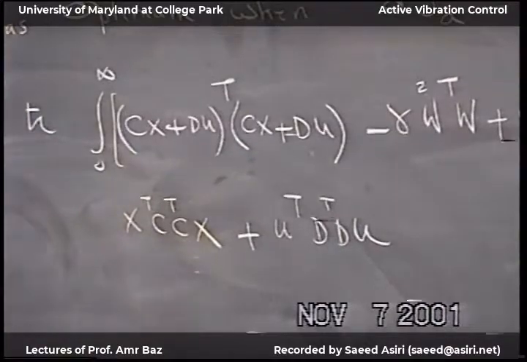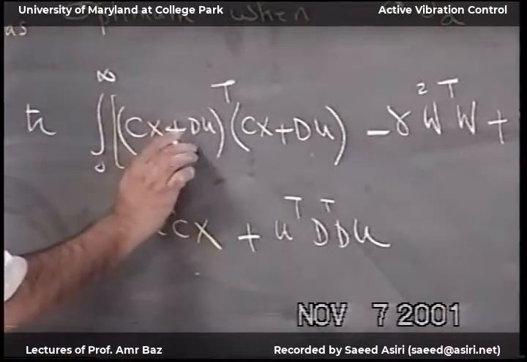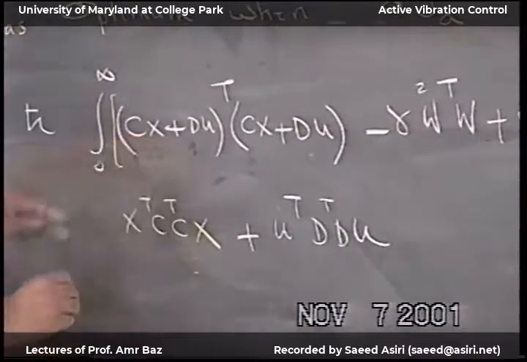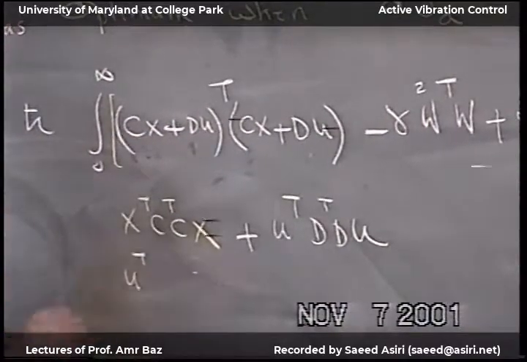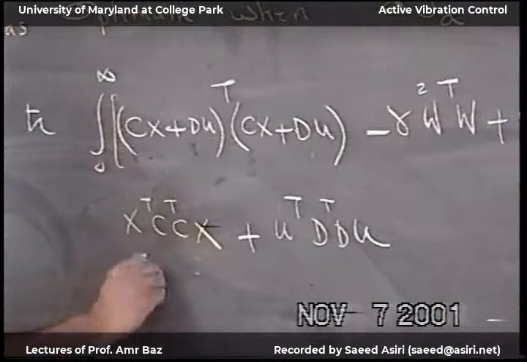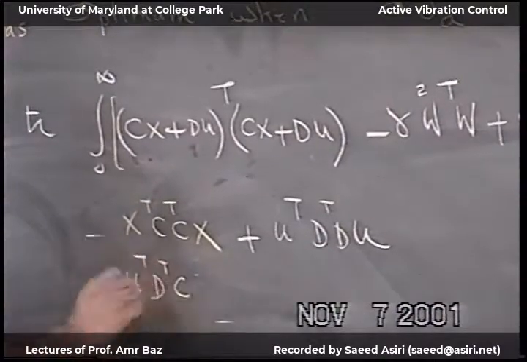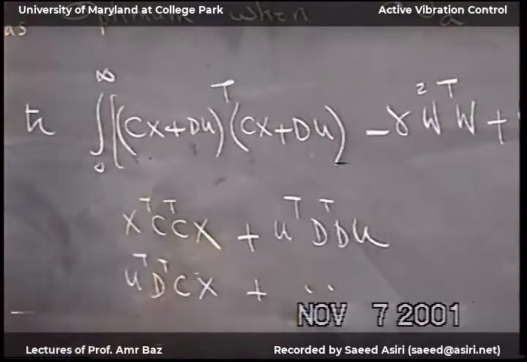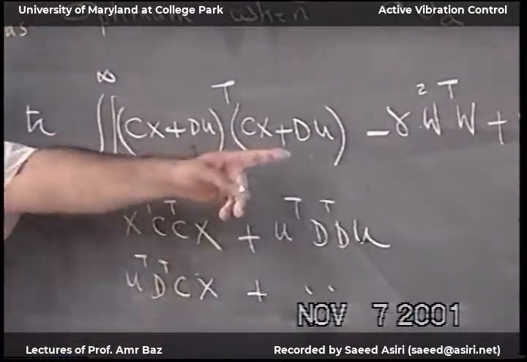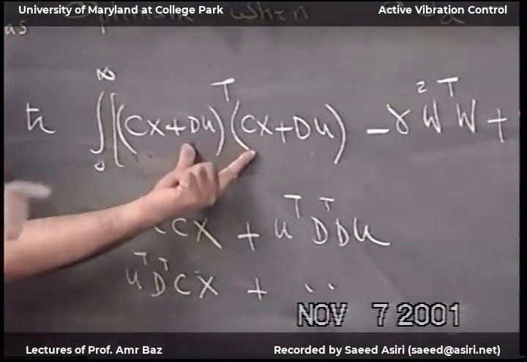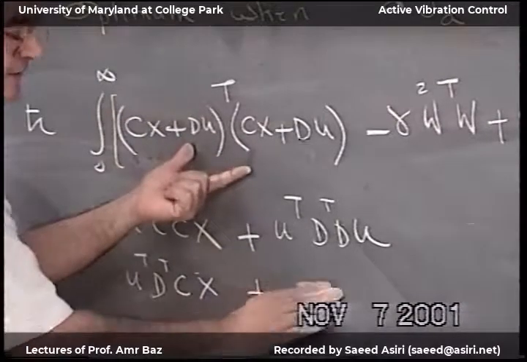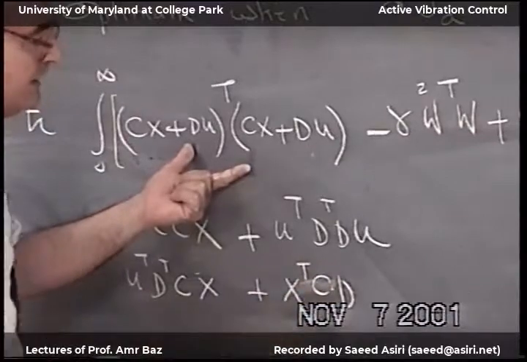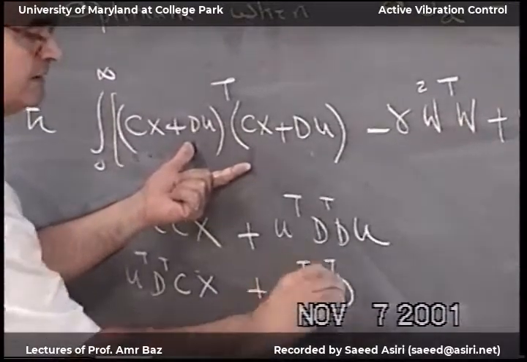So for example, if we take the first term, then we have u transpose D transpose C x. And the second term is the same, I multiply these two, so I have x transpose C D u.